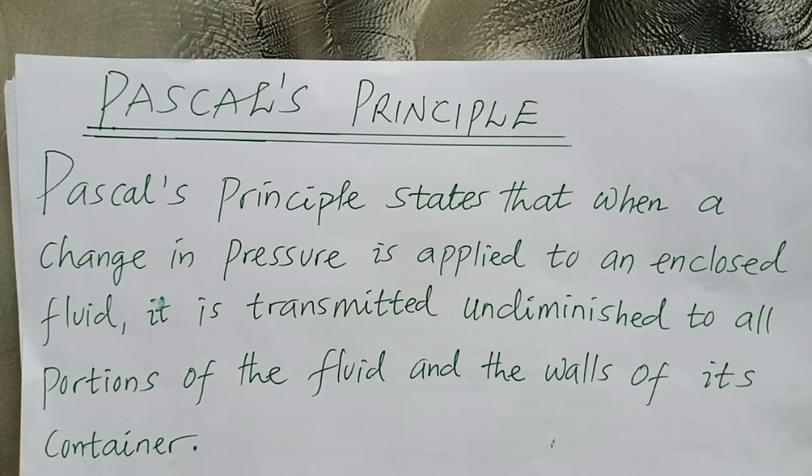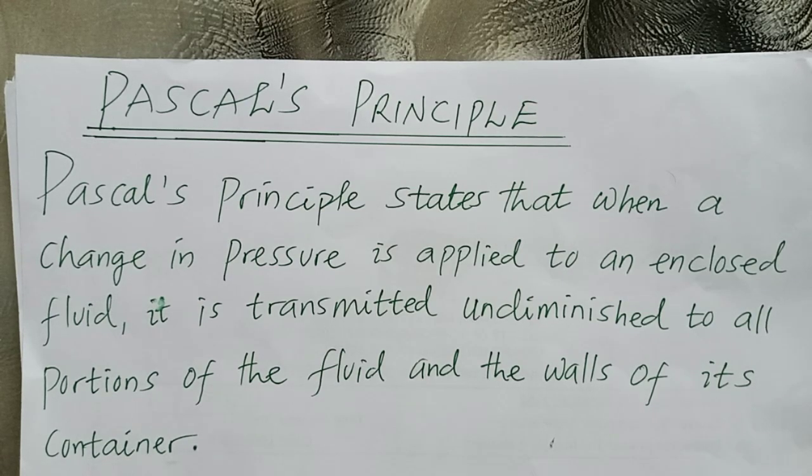Now, taking the first one, the statement of the Pascal's principle. To begin with, Pascal's principle was discovered by a French philosopher and a scientist. His name was used as the name of the principle, Pascal, as you can see. He was Blaise Pascal.